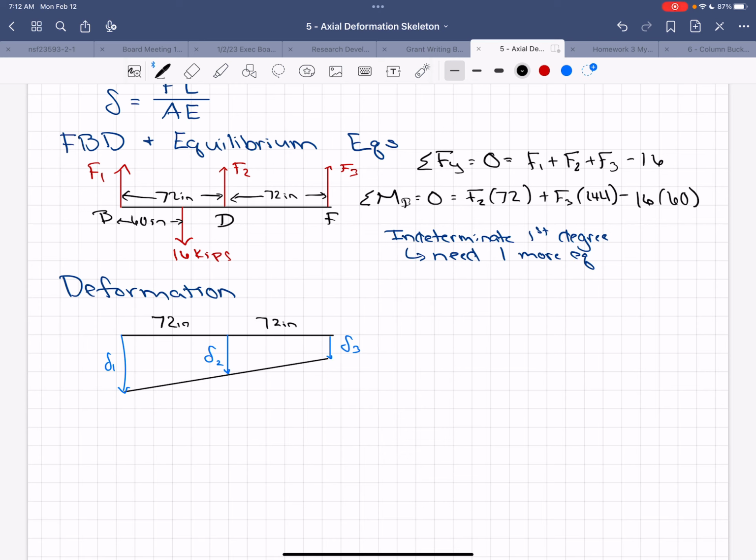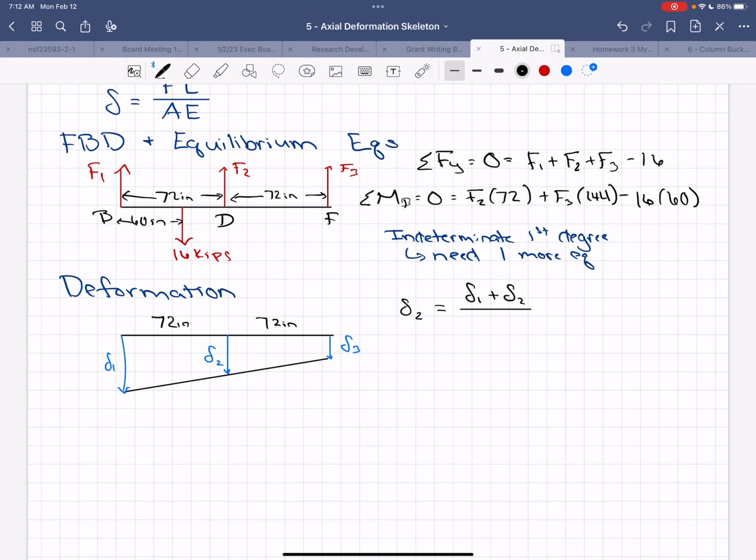So what we know, there's a lot of ways you can do this. You can write the equation of a line, y equals mx plus b, and you'll get the same answer. You could do similar triangles, whatever you want to do, but ultimately, because 72 and 72 are equal, we can write that the deformation of bar 2 is basically the average of delta 1 and delta 3, right?